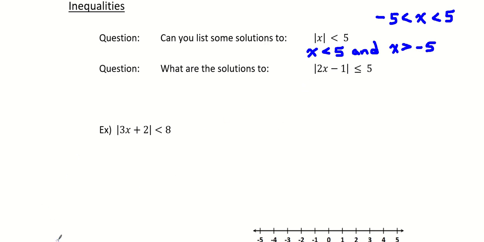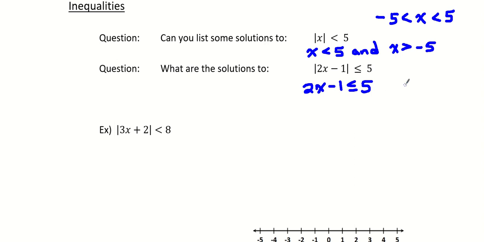Just like with the equations, we're going to make sure that the absolute value part is all by itself. Then we can break it up into the 2 cases, where in case number 1, it's just as is, less than or equal to, or whatever the symbol is, and then the positive 5. So again, this has to be positive at first.